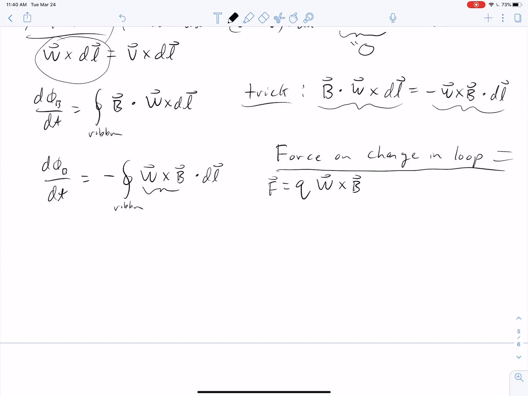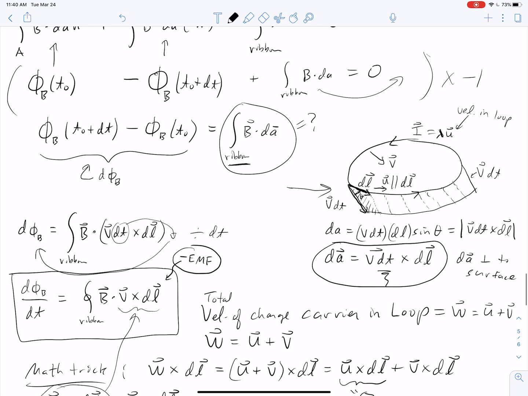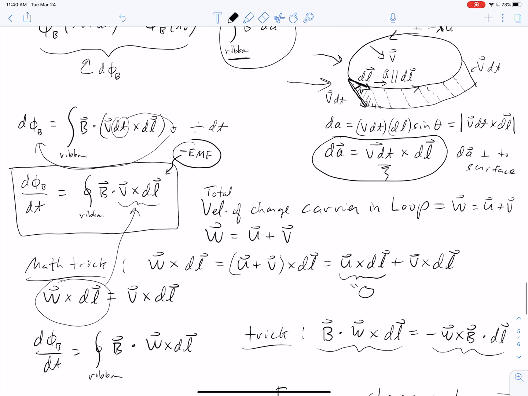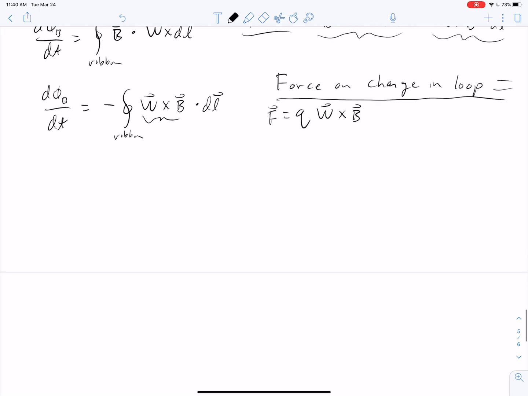So that means that the charge flowing through this loop is feeling that force. Let's go back to this loop. Here we are. And so now the force that the charge flowing through that loop feels is Q times W cross B, where W is the total velocity. Remember, W is equal to U plus V. That's the flying velocity and the current in the loop velocity.